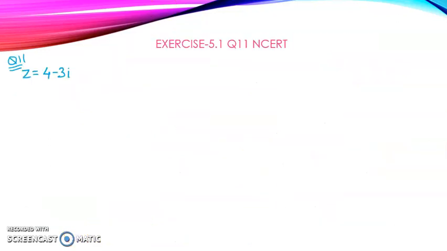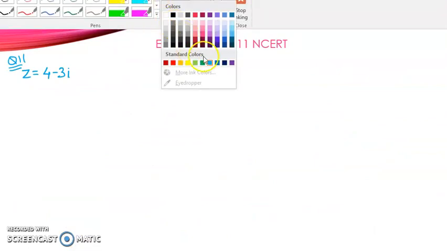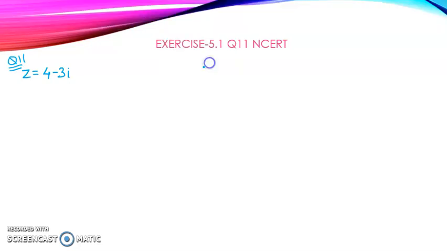Okay, students, now I'm starting with question number 11. It says to find the multiplicative inverse of a complex number. The complex number is 4 minus 3i. So z is equal to 4 minus 3i.